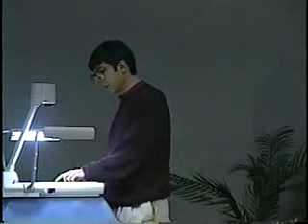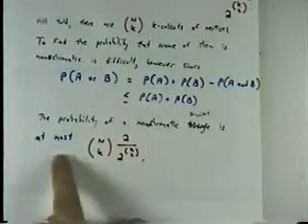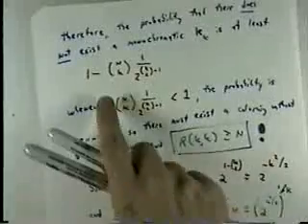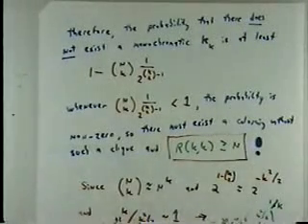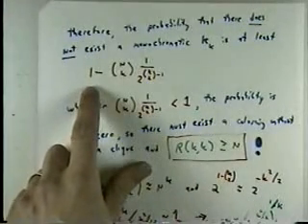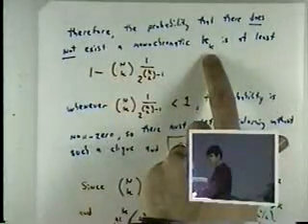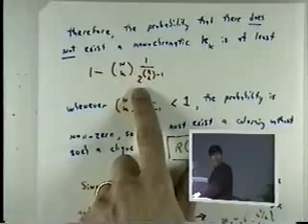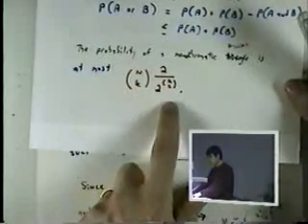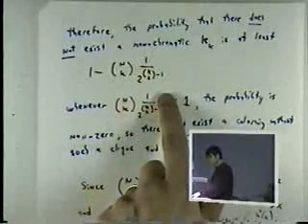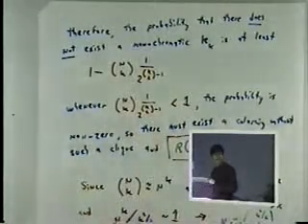If this is the probability that there is a monochromatic K subset, then 1 minus that, the probability that there does not exist a monochromatic K subset, is 1 minus that. And if the probability here was at most this, 1 minus this is at least that.